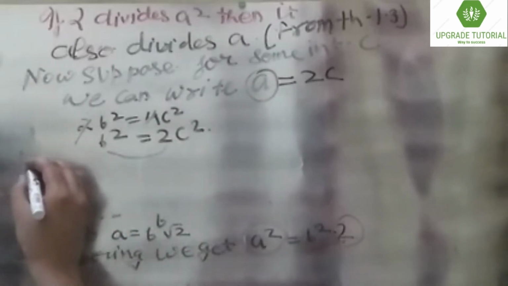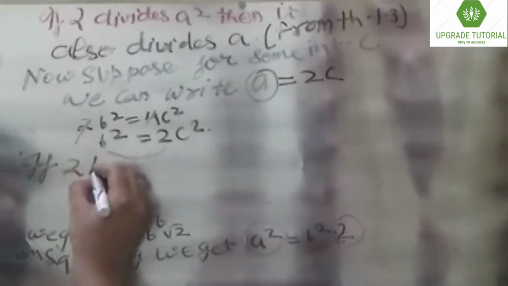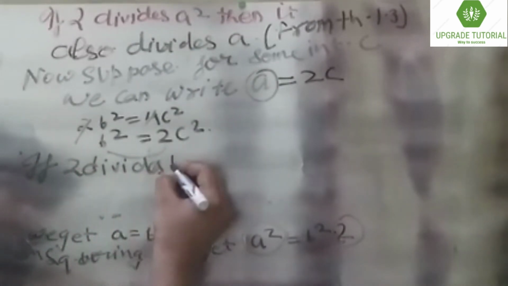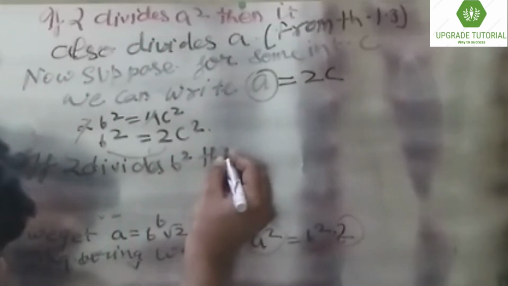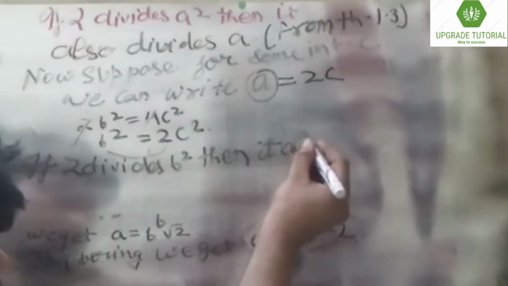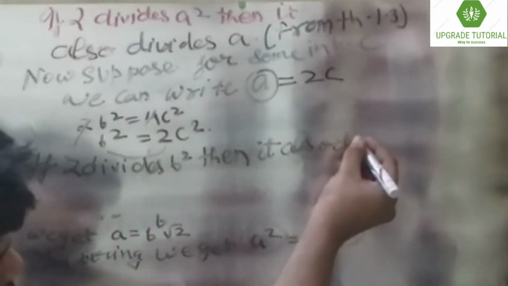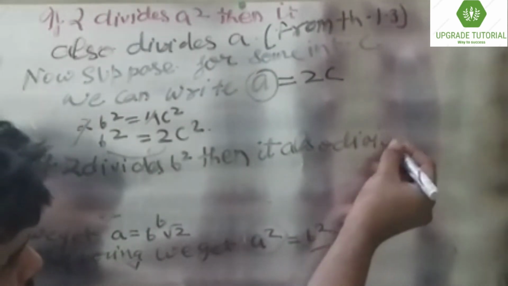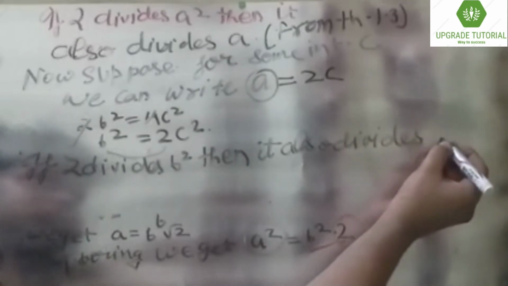Similarly, in this case, if 2 divides b square, then it also divides b, from theorem 1.3.